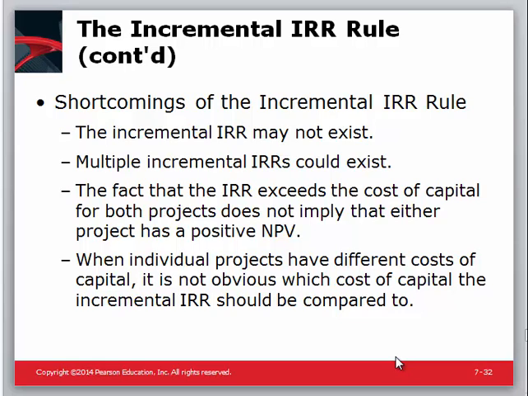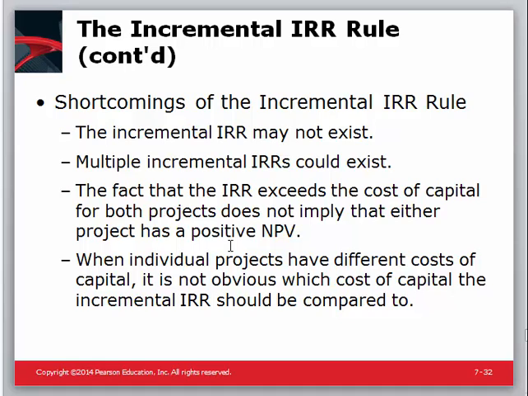What are the shortcomings of this project analysis idea? Well, first of all, we just have to hope that there's an incremental internal rate of return. We have to hope that there's not more than one answer. These are just typical internal rate of return issues. The fact that the internal rate of return exceeds the cost of capital for both projects doesn't imply that either of those projects has a positive net present value.